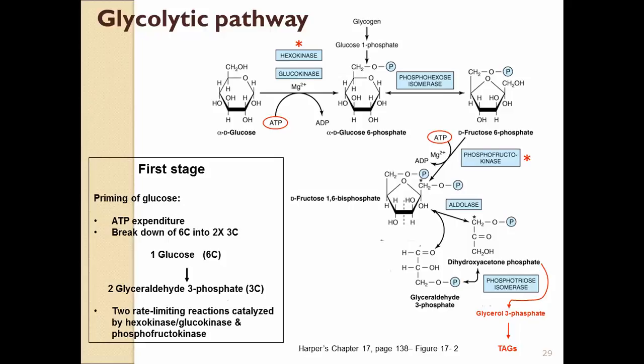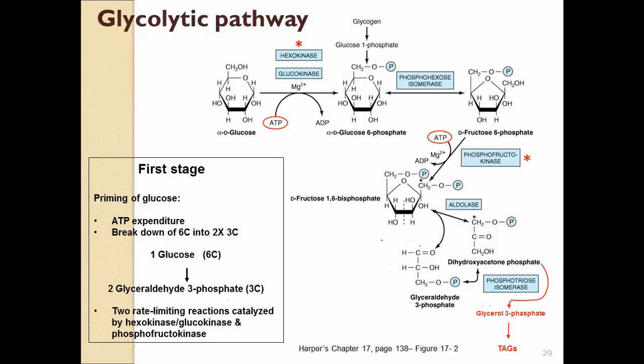The first stage basically consumes ATP, not generating ATP. It starts with glucose, which is broken down into two 3-carbon molecules, glyceraldehyde 3-phosphate and dihydroxyacetone phosphate, and these can be interconverted.